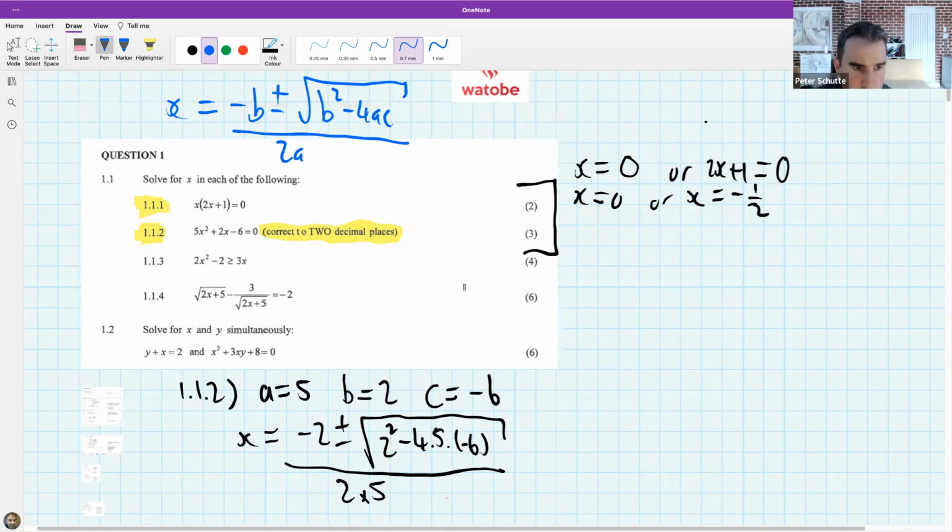Well, actually, no. 1.1.2, it literally says correct to 2 decimal places, but you would have to complete the square, and I wouldn't recommend choosing to complete the square unless they ask you to do that. So my recommendation would be whenever you see correct to 2 decimal places, straight to the formula. It's 3 marks.